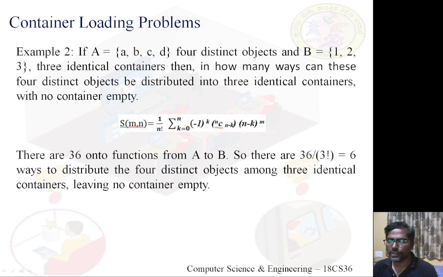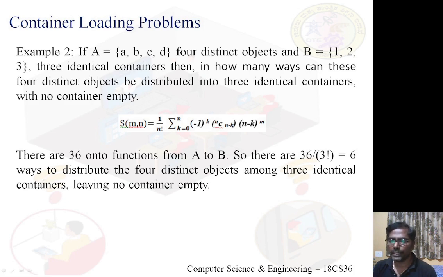You are given 4 distinct objects and 3 identical containers. Now the question is, in how many ways can these 4 distinct objects be distributed into these 3 identical containers with none container left empty?